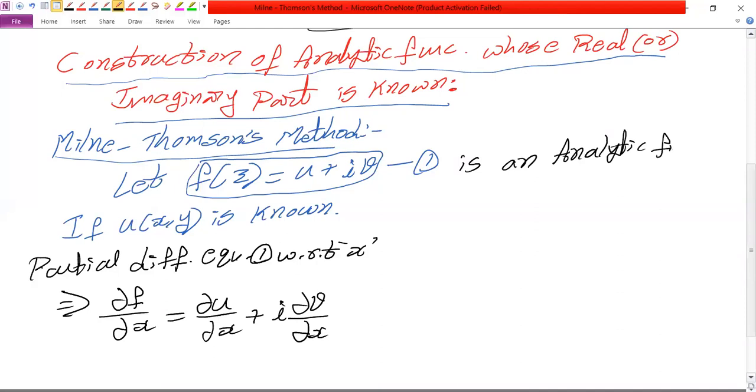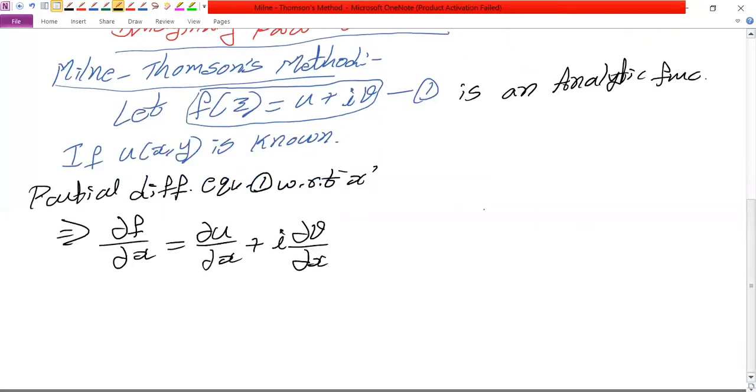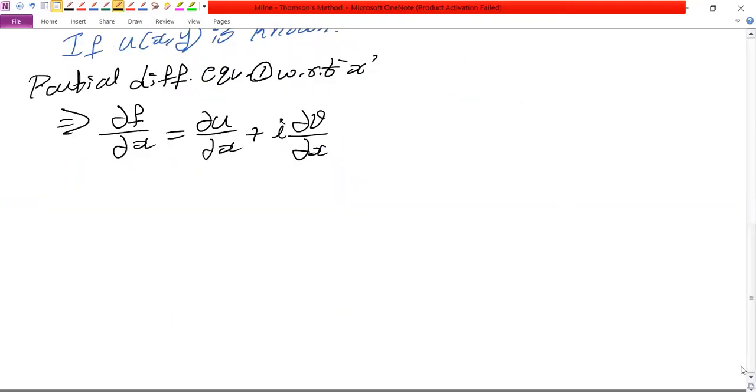If f of z is analytic, then can you say f of z is differentiable? Yes. If f of z is differentiable, then f of z will satisfy the CR equations? Yes.